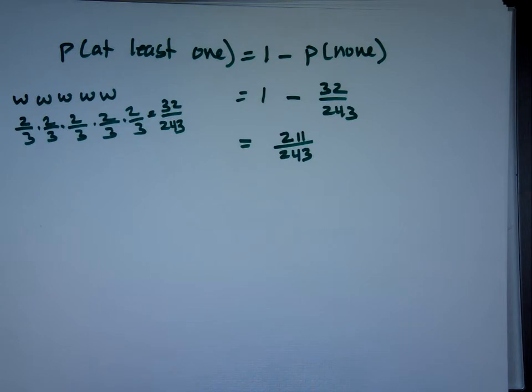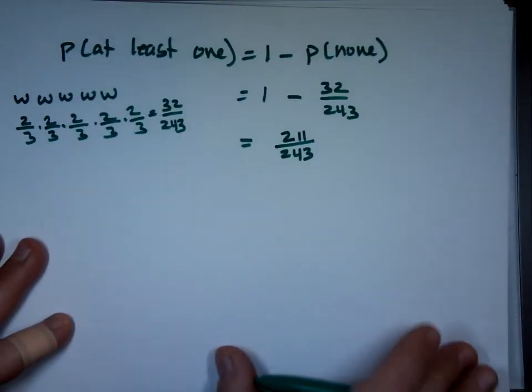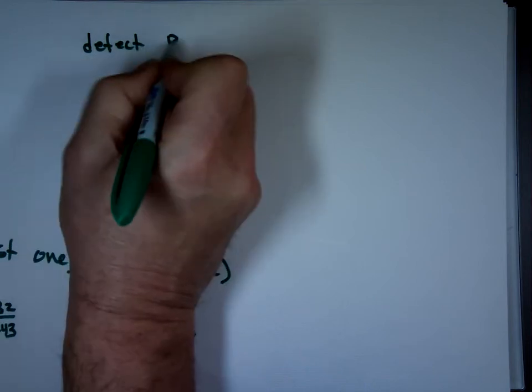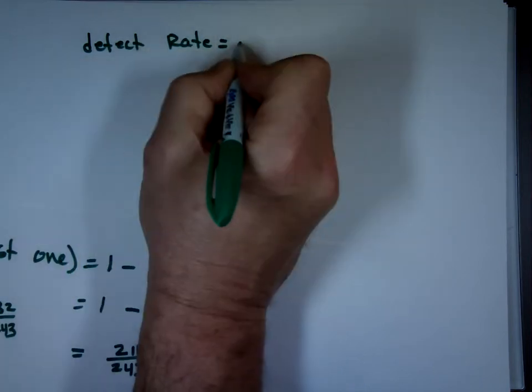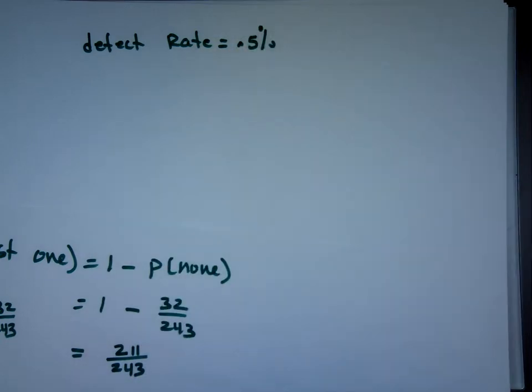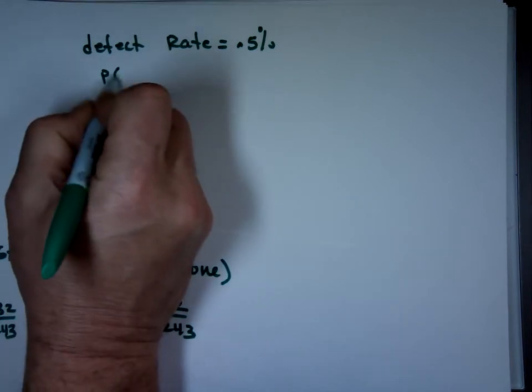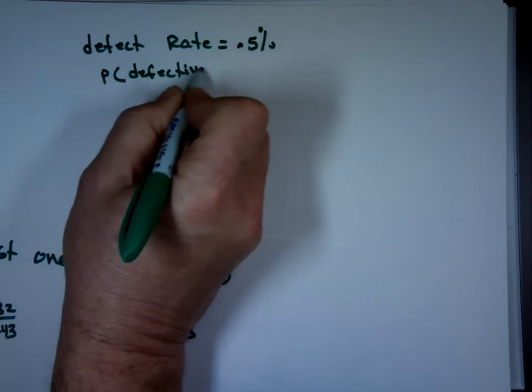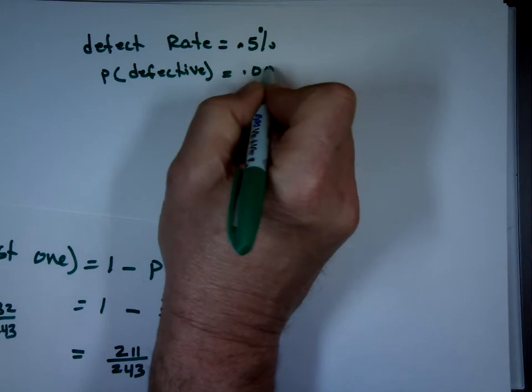Let's use another example. DVDs, CDs. When you buy a computer, they send you a CD with it, or you buy TurboTax to do your taxes. Well, the company Intuit that makes TurboTax might say, our CDs have a defect rate equal to 0.5%. Very small. That means the probability of one CD being defective is 0.005.